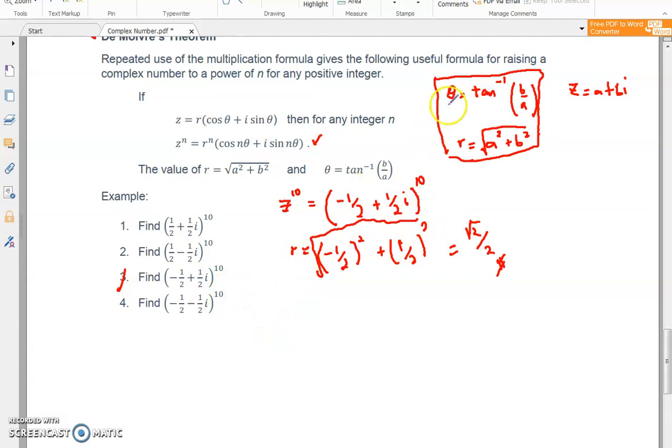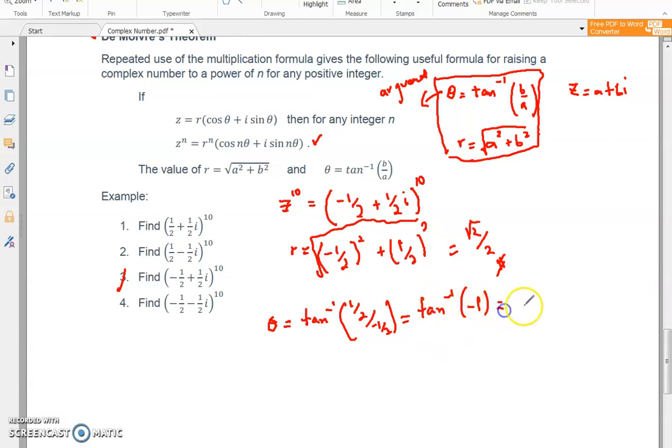But the main thing here is to find the value of our argument, theta. The argument is given by tangent inverse of, sorry, my bad, it's supposed to be b over a. So it's 1 over 2 divided by negative 1 over 2, which gives tangent inverse of negative 1. When you press your calculator, make sure you put a bracket around the negative 1. You are supposed to get negative 45 degrees.